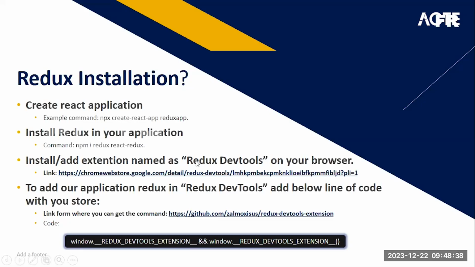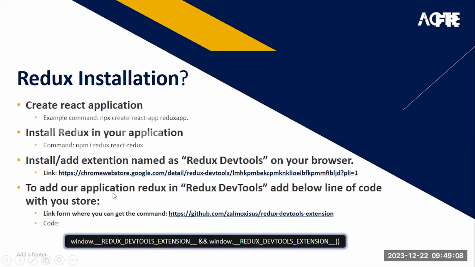If you want to look at your states, what the state values are and how they are stored, then you can use the Redux DevTools for that. It is a very simple link. If you Google Redux DevTools and add it to your browser, you can get it on your Google Chrome.